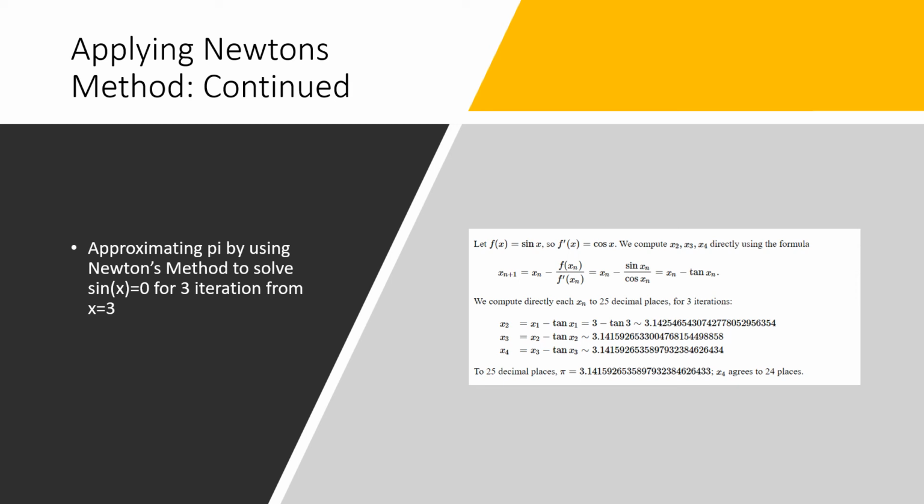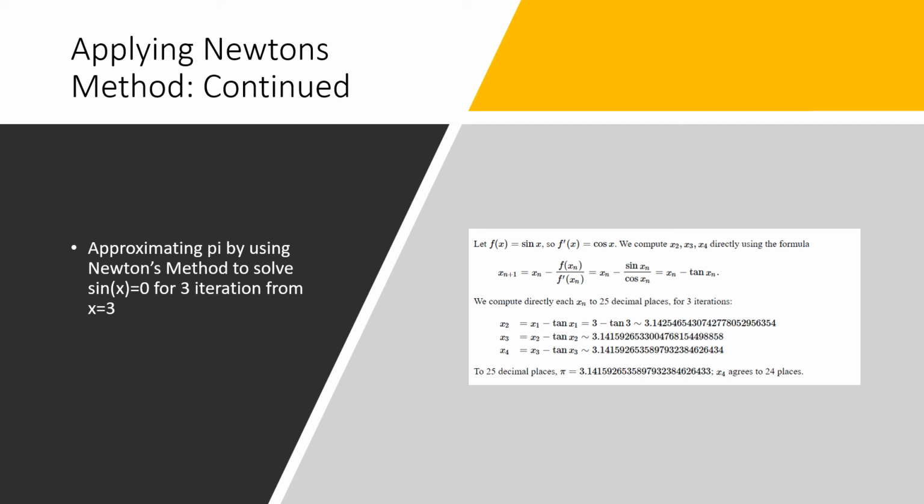Now, we're going to do our very first steps. We're going to let f of x equal sine x, so f prime of x is going to equal cosine of x. We compute x2, x3, x4 directly using this formula: xn plus 1 is equal to xn, subtracting f of xn over f prime of xn.